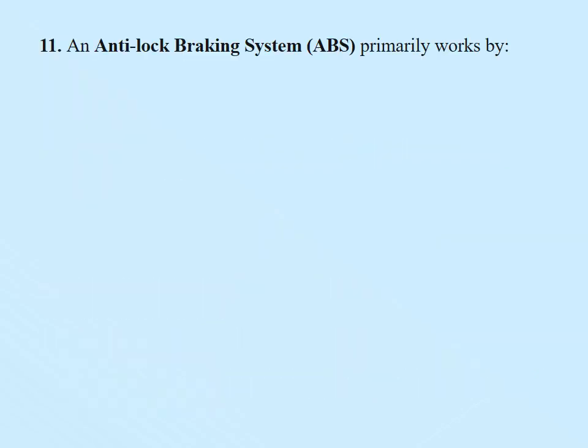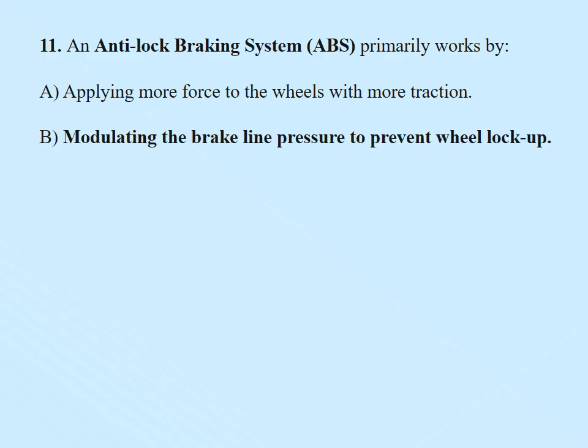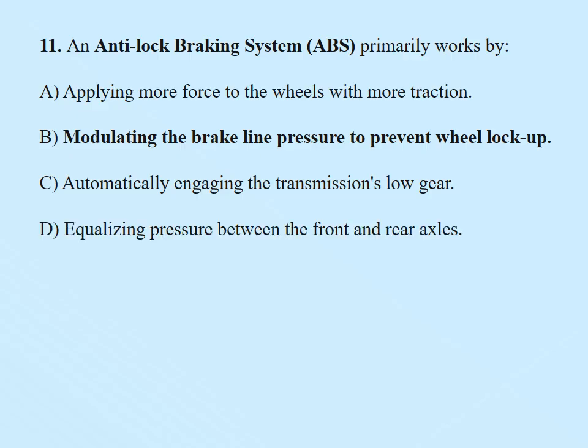Question number 11. An anti-lock braking system, ABS, primarily works by: A, applying more force to the wheels with more traction; B, modulating the brake line pressure to prevent wheel lockup; C, automatically engaging the transmission's lower gear; D, equalizing pressure between the front and rear axles.